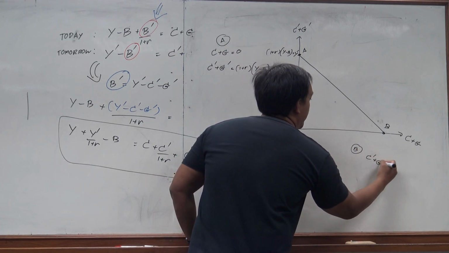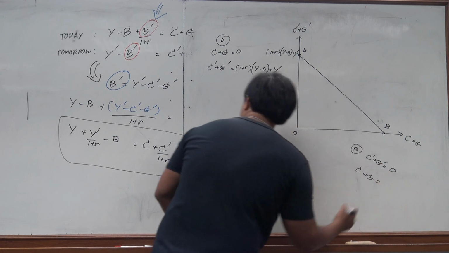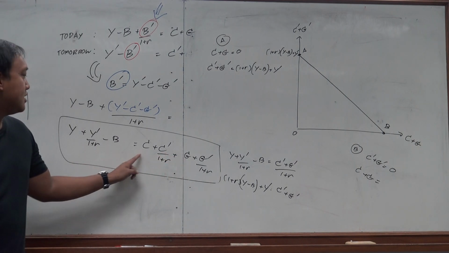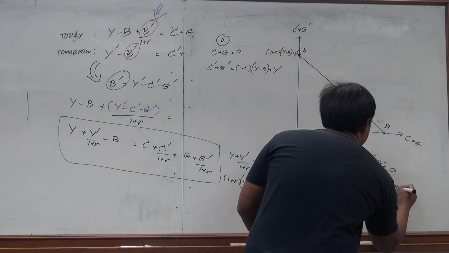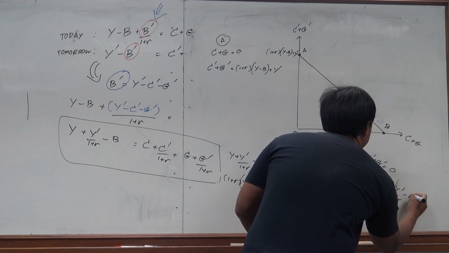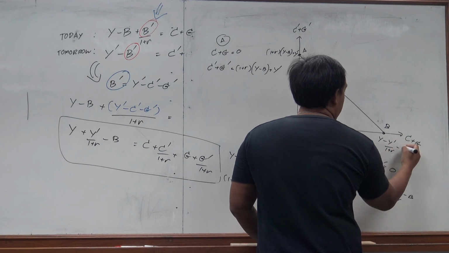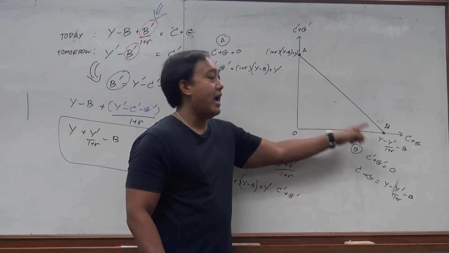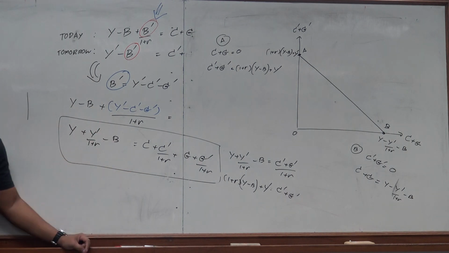If C prime and G prime equal 0, C plus G will be equal to, so I write it down. Like this, you're going to have 2 points, point A and point B. Solving this equation, I got point A and point B.